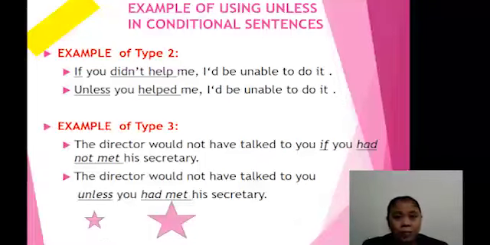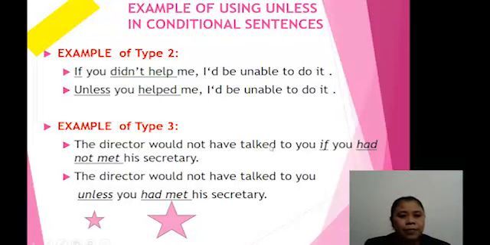Can we go to type 3? Yes? The director would not have talked to you if you had not met his secretary. Omit if and not.